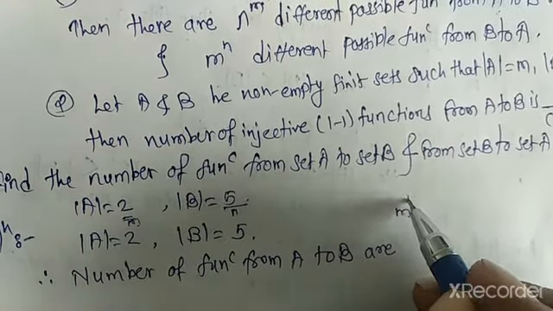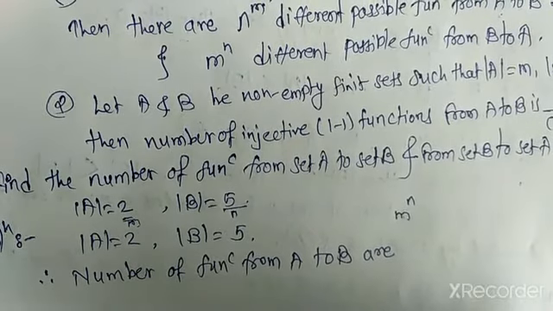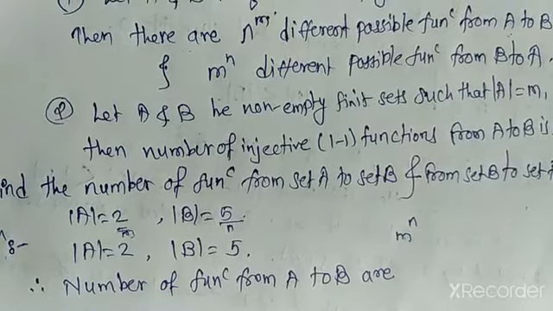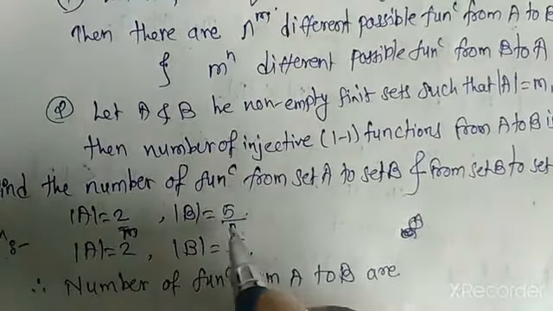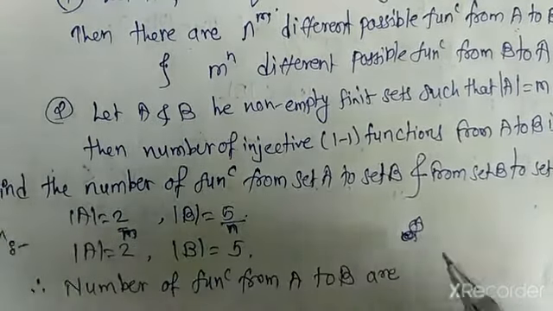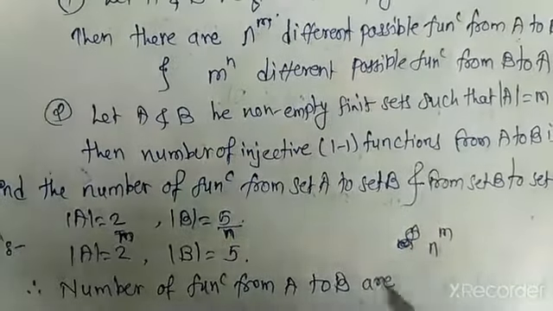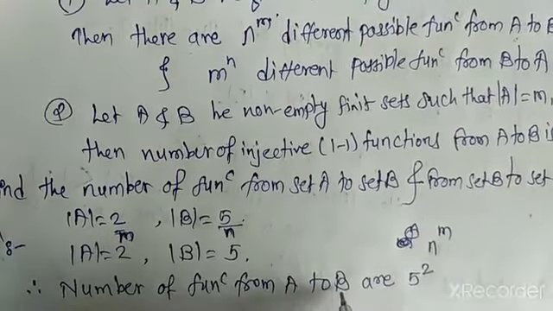Sorry, here it is m and here it is n. So there are n raised to m functions from A to B. That means there are 5 raised to 2 functions from A to B.